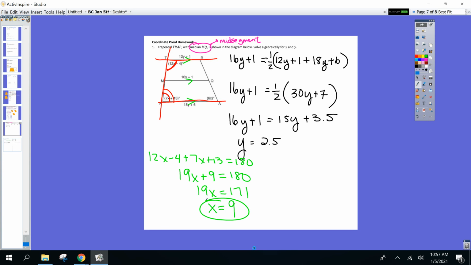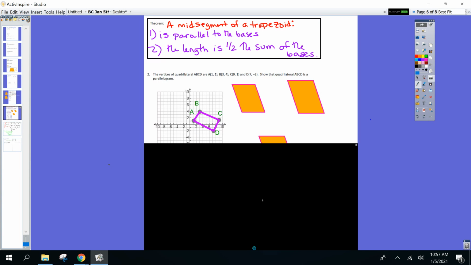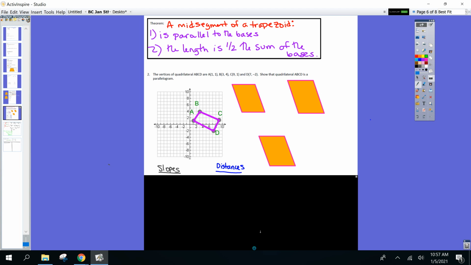All right, we're going to end class today with a proof you're going to do on your own. So go back to number 2 in the notes. You do it on your own because it's about how you feel comfortable doing this proof. ABCD, prove it's a parallelogram.